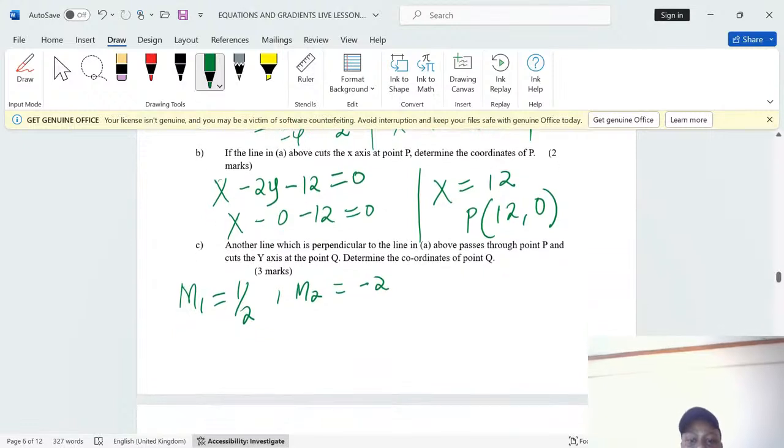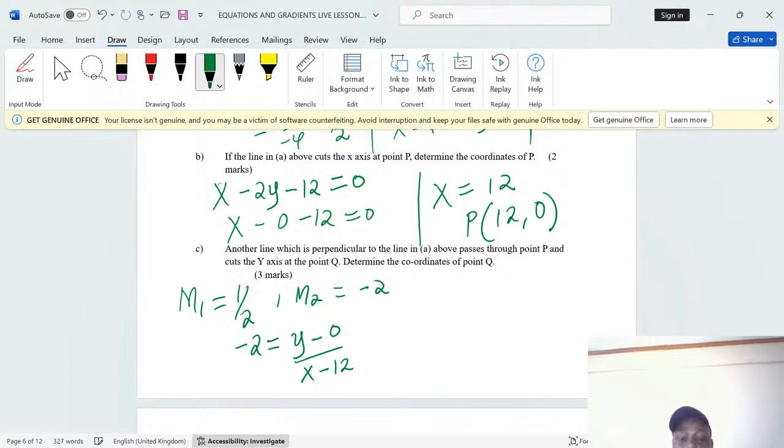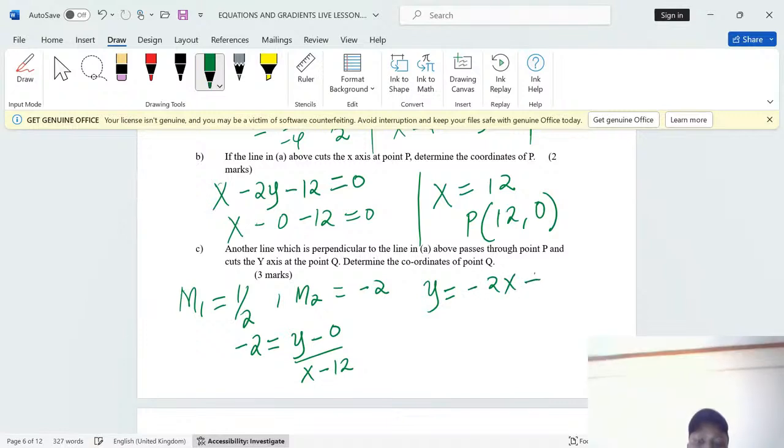Therefore, we can express our equation as -2 equals the change in y, so y minus 0, out of the change in x, so x minus 12, because the line passes through P. We cross multiply and have y equals -2x plus 24. This is already in the form y equals mx plus c, and we want to determine the coordinates of Q, the y-intercept, the point where the line cuts the y-axis.